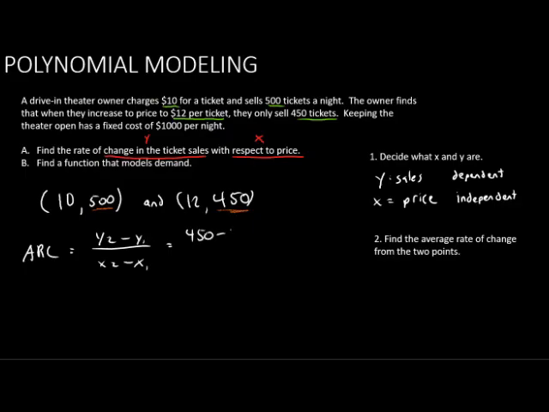So we'll say 450 minus 500, then divide by x2 minus x1. x2 is 12 and x1 is 10. Therefore we'll say 12 minus 10. On top, 450 minus 500 gives us negative 50, and 12 minus 10 gives us 2. If we divide, we'll get negative 25 for our rate of change. This means that for every dollar we raise the price, we'll lose 25 sales.